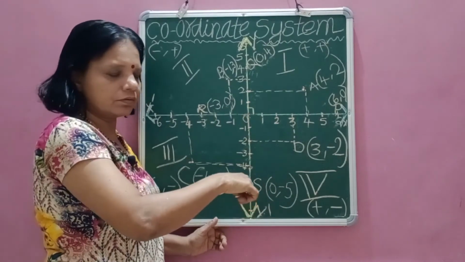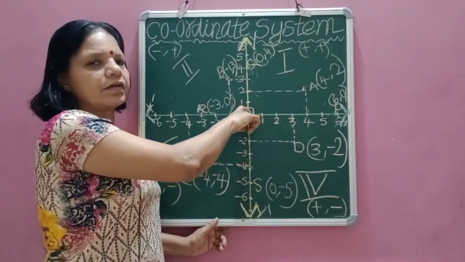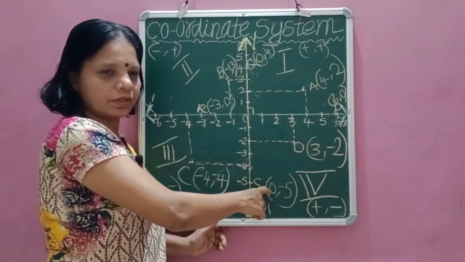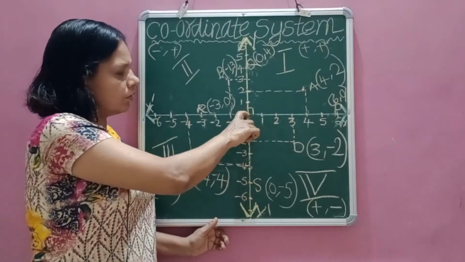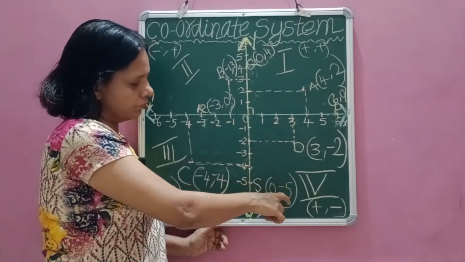When you want to find the x-coordinate, you have to draw a perpendicular to x-axis from that point. So here the x-coordinate is 0, so when you draw the perpendicular, it reaches 0. And the y-coordinate is -5.